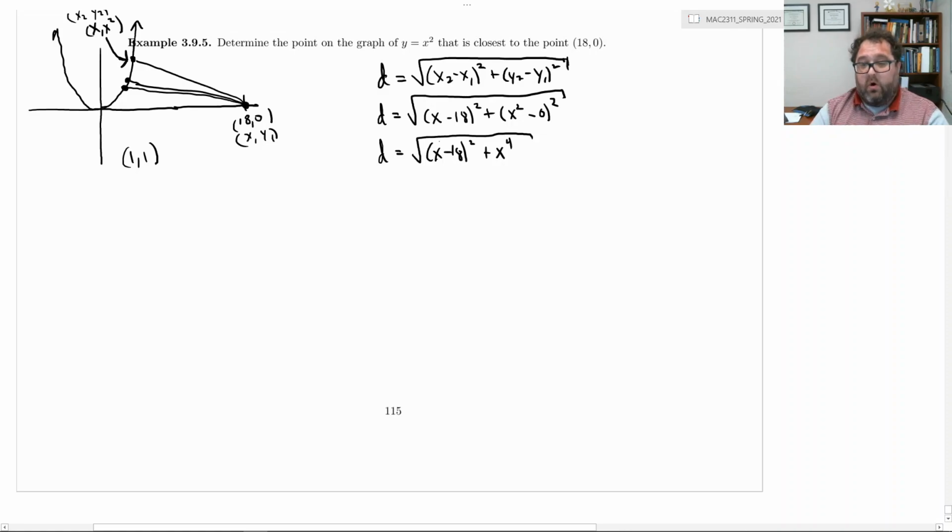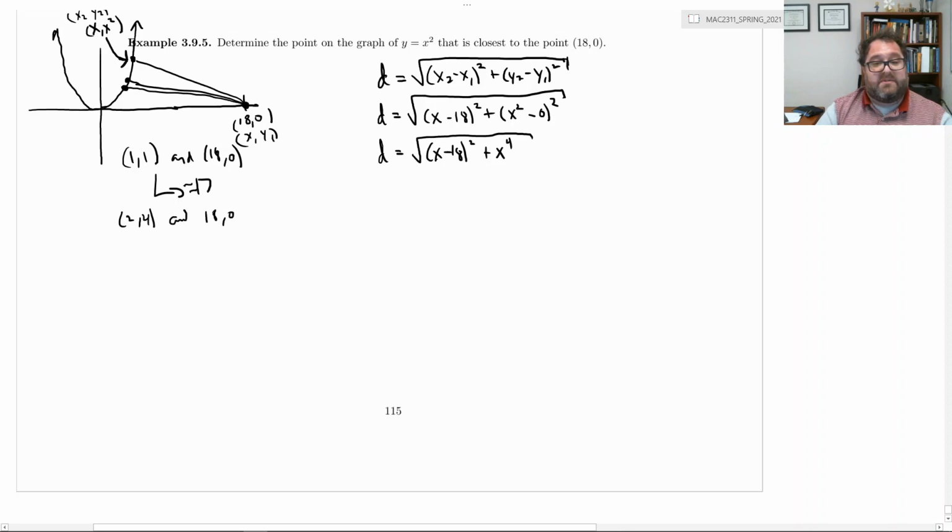You get 1 minus 18, that's negative 17 squared, plus 1 to the 4th power is 1, then take the square root. And so the distance between 1 comma 1 and 18 comma 0 is approximately 17.